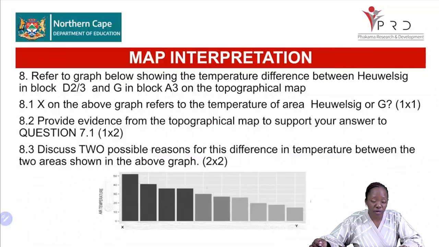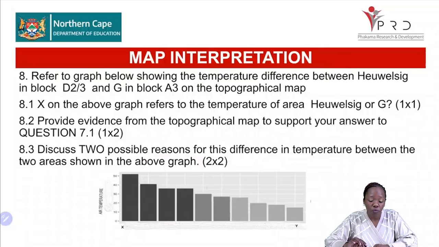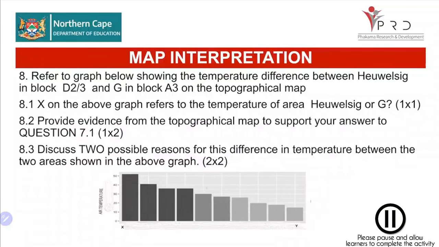Then 8.3, you discuss two possible reasons for these differences in temperature between the two areas that are shown on the graph, 2 times 2, which means per reason you will have 2 marks. So I'm going to give you 6 minutes to work on these questions, and then after 6 minutes, we will proceed to the corrections.